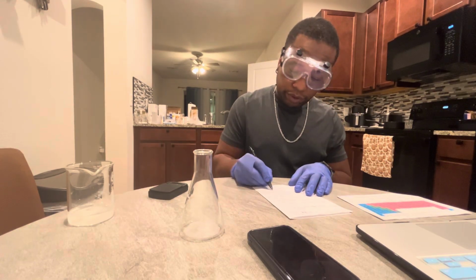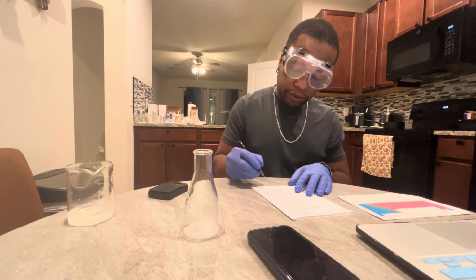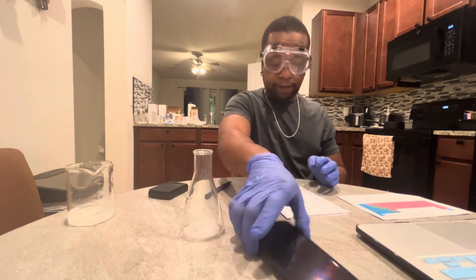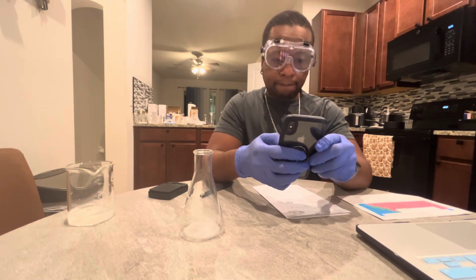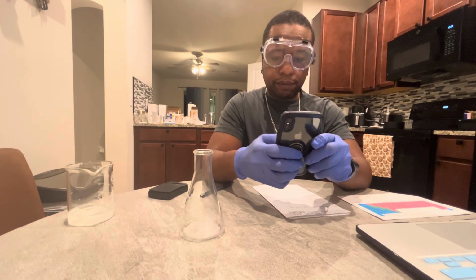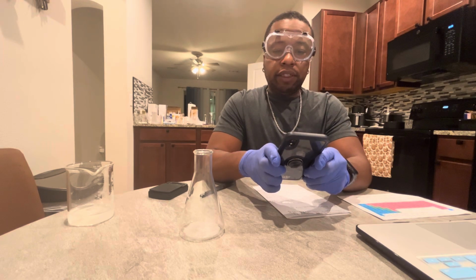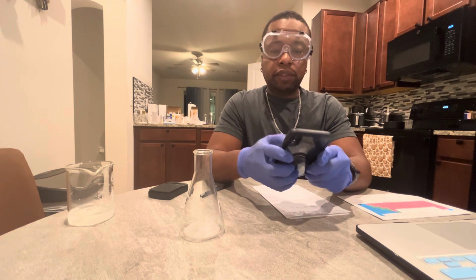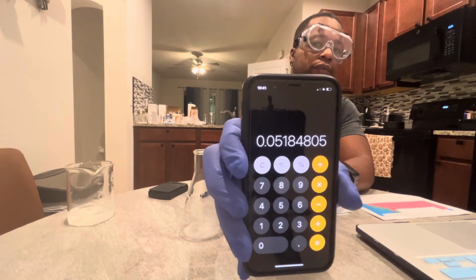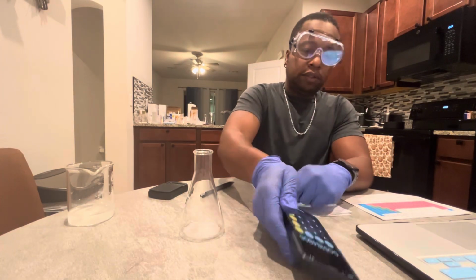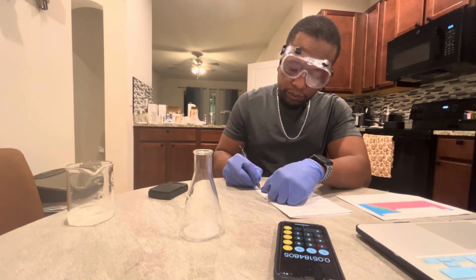So it's 3.03 divided by 58.44, which is 0.0518 mole.